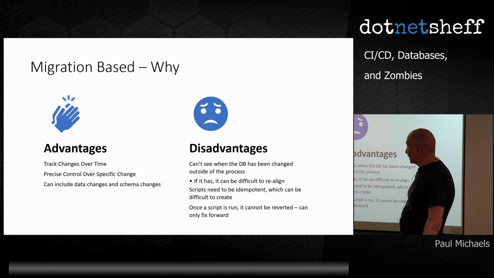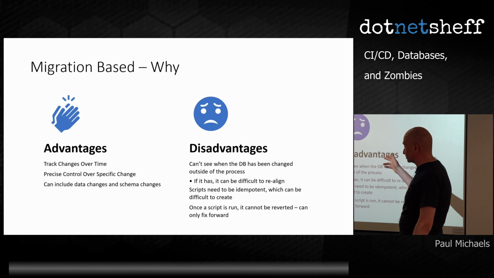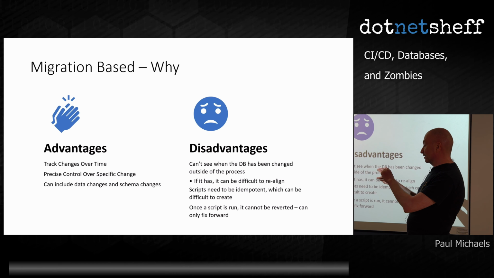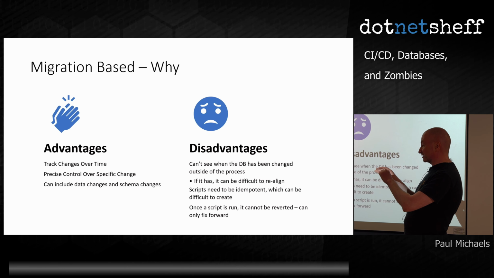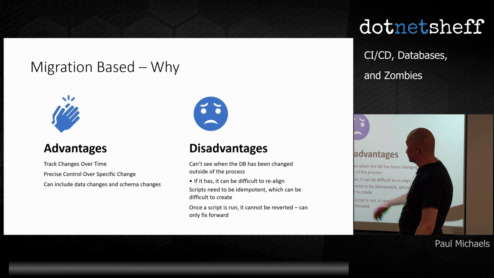And it can, if you choose it to, include both data changes and schema changes. We're only talking about schema changes just at the minute, but you can actually, in that, have, I don't know, I want to delete 3 million customer records or whatever as part of that migration, as well as the schema changes.